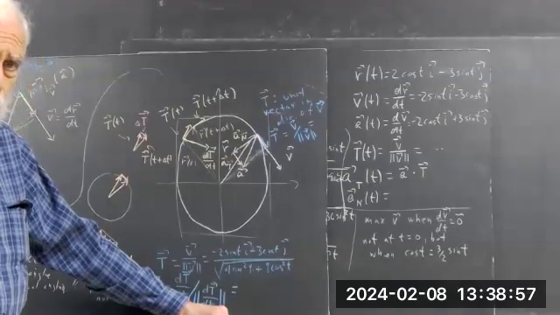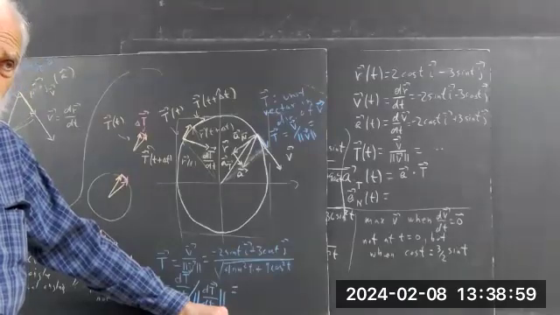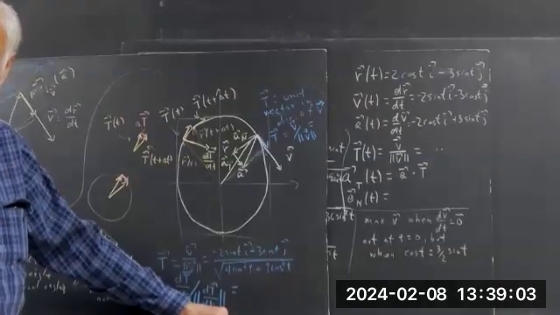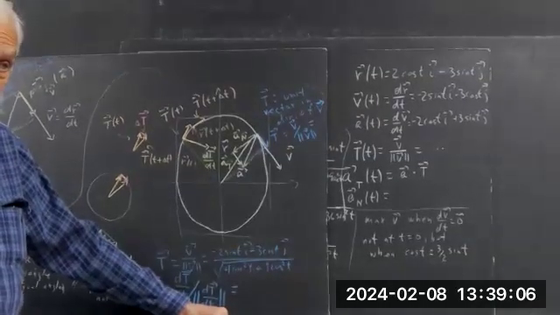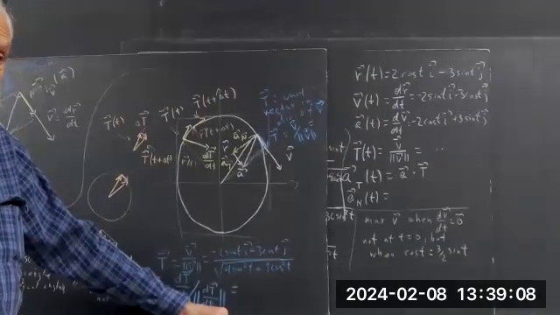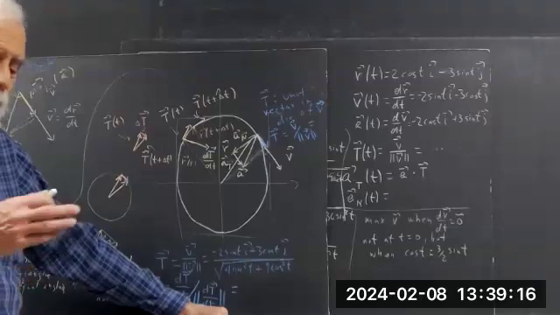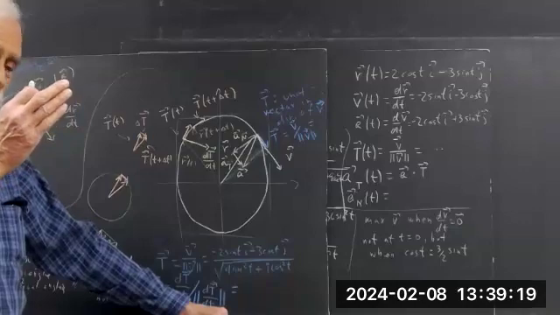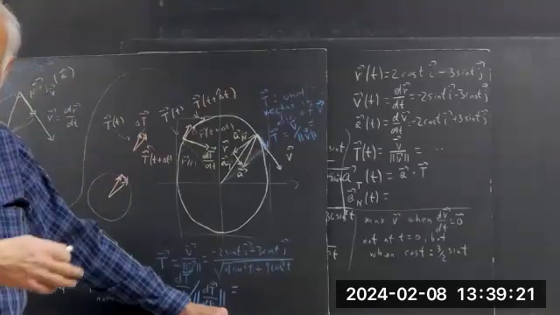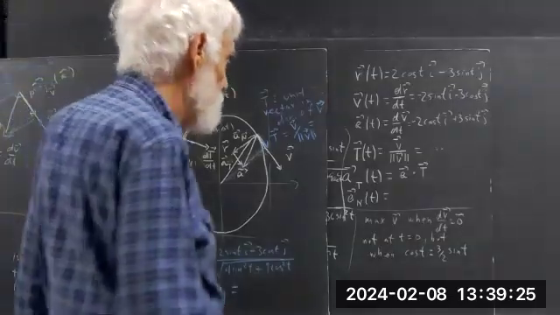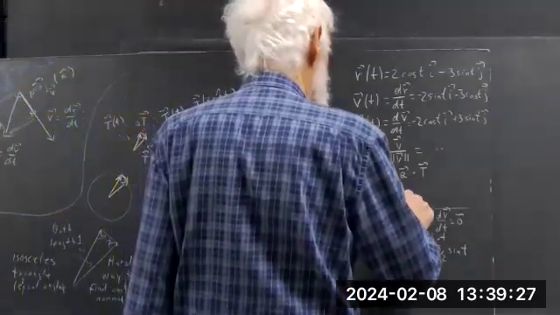You have to think through these things repeatedly before they become second nature, like the thing about the projection. Got to keep reminding yourself. When you do a derivative, you got to keep reminding yourself it's a limit of the difference between the value of something at t and at t plus delta t, divided by delta t. Anyhow.